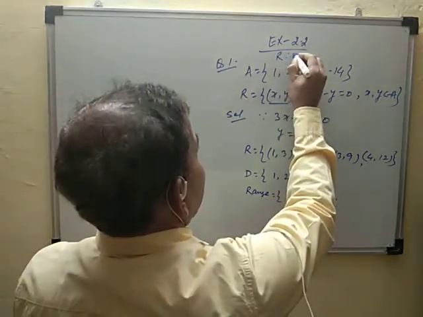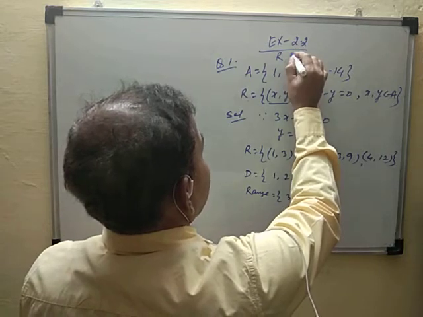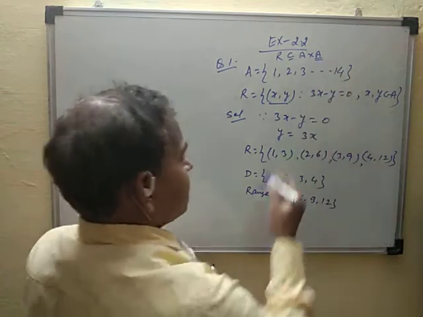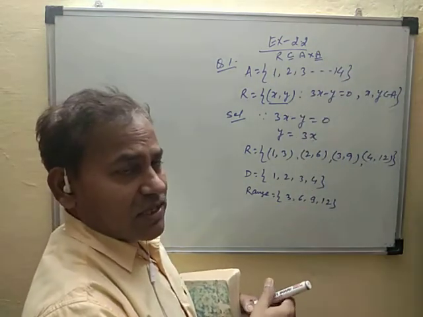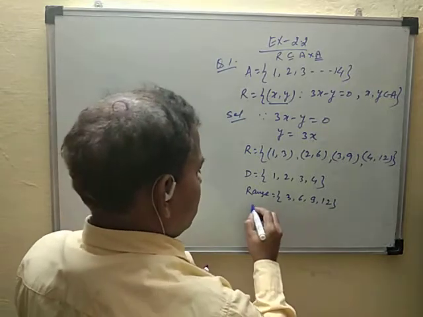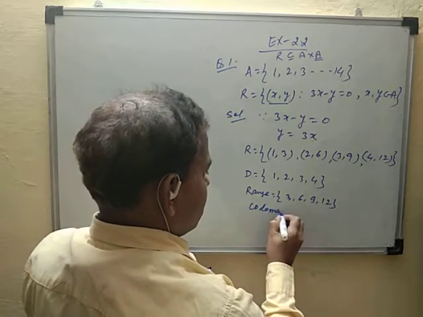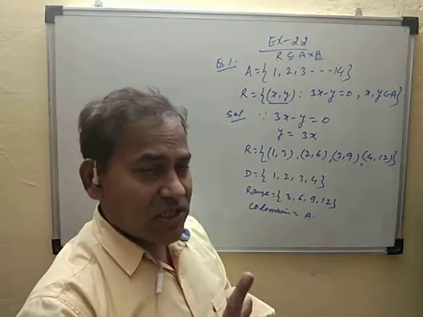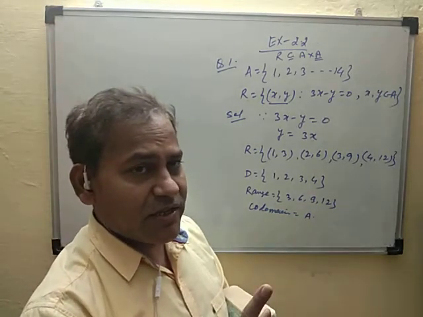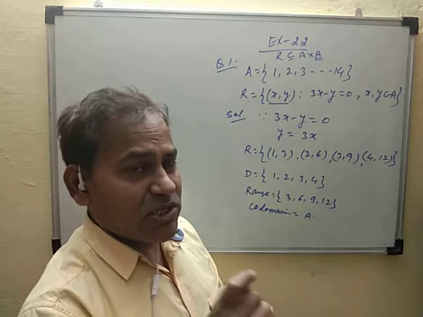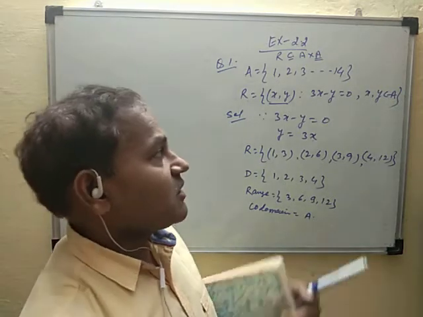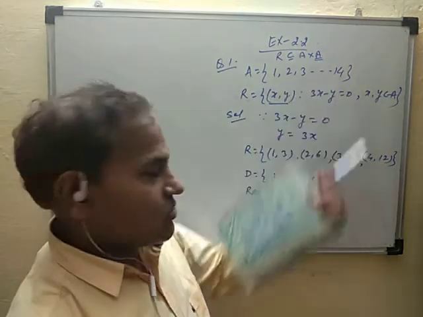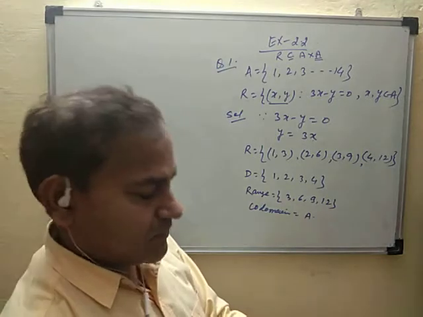Since R is a relation from A to A, that is, R is a subset of A cross A, the second set is called the codomain, and the second set here is A. So therefore codomain is equal to A. If a relation is defined from A to B, then B is called the codomain. Here, what is the value of B? Here A in place of B. So codomain is equal to set A.